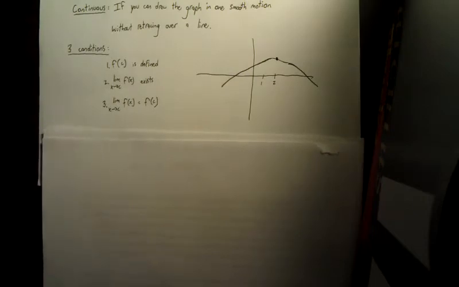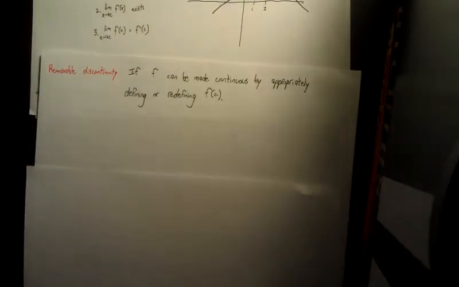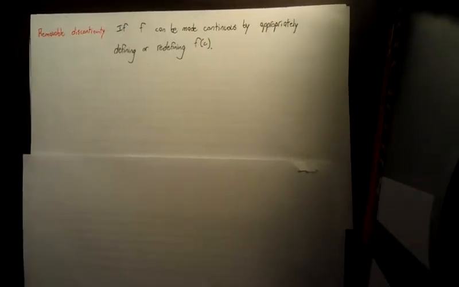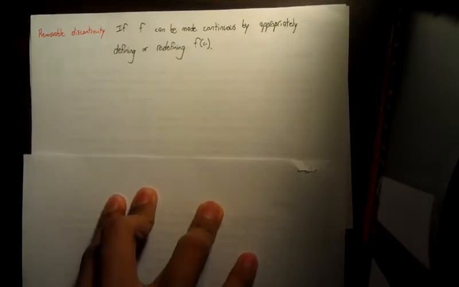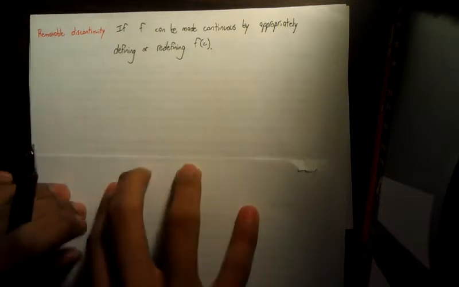There are two types of discontinuities. The first one is the removable discontinuity, and that's when f can be made continuous by appropriately defining or redefining f of c. So usually this occurs when there's a hole in the graph, or f of c is not defined.